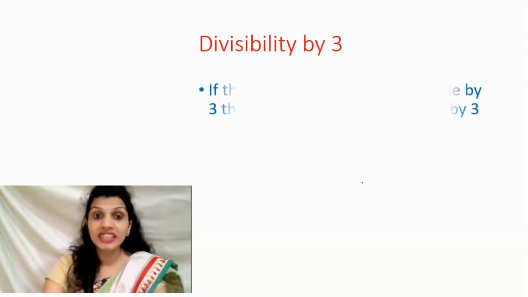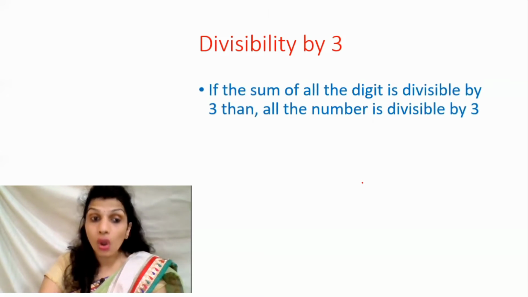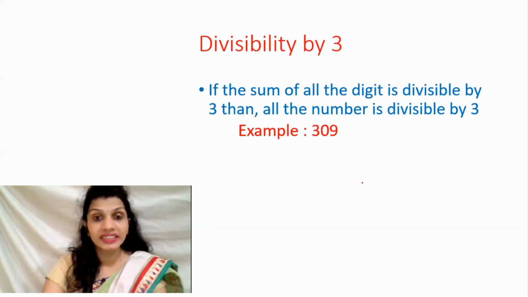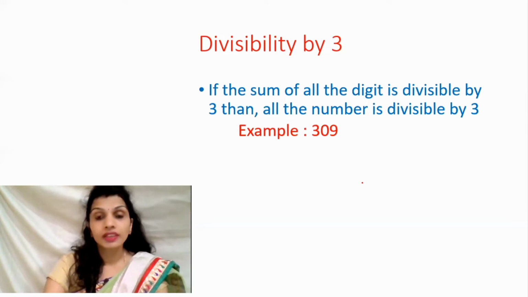Now the rule states that if the sum of all digits is divisible by 3, then the number is divisible by 3. So let us take one example to understand it more clearly. Now we take an example, 309. Now 309, there are 3 digits, 3, 0 and 9.